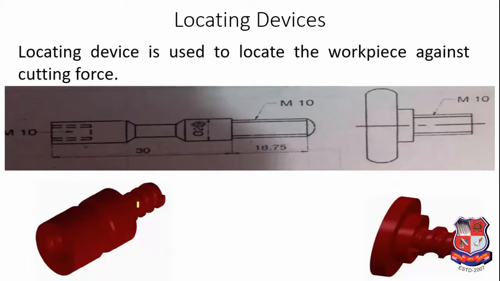So this threaded portion will be fitted to the angle plate, and at this portion component is supported, and after supporting component we will clamp or lock the component with the use of this knob, that is quick acting knob.